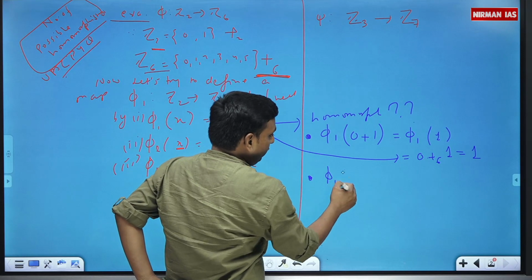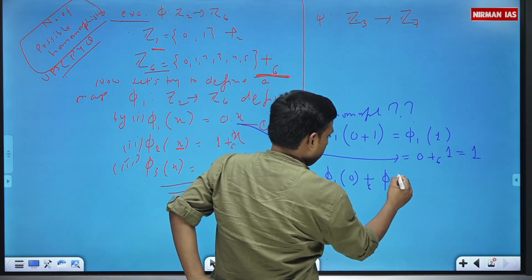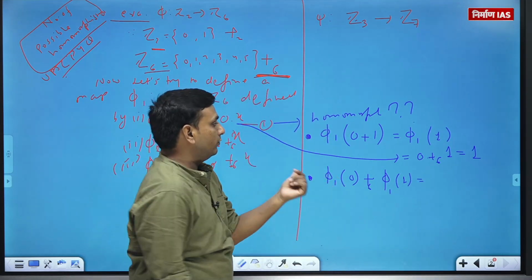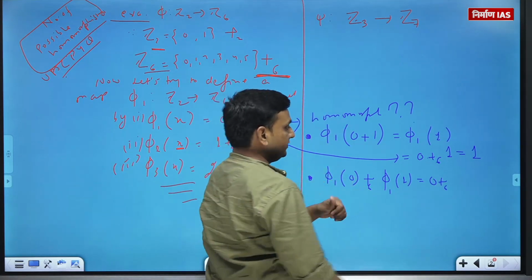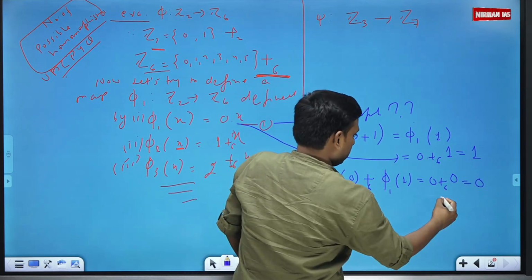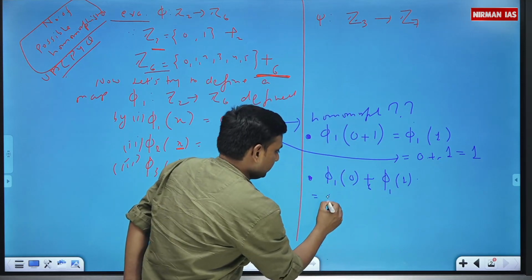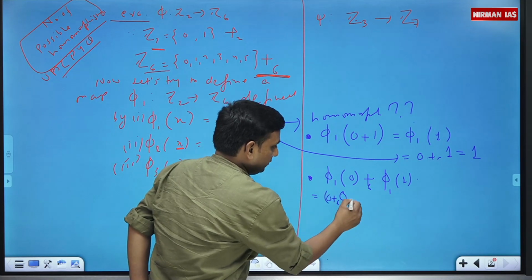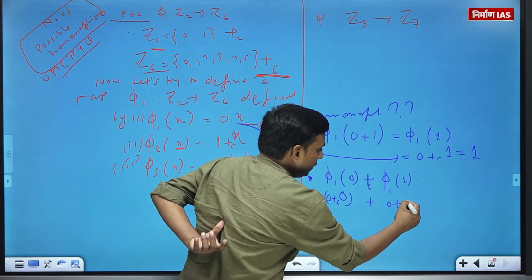Now let's try to find what is happening with the other side. Phi 1 of 0 will be 0 plus this element, that means 0 only. So this will be 0, that is 0 plus 0 for this, and for phi 1 of 1 it is 0 into x.